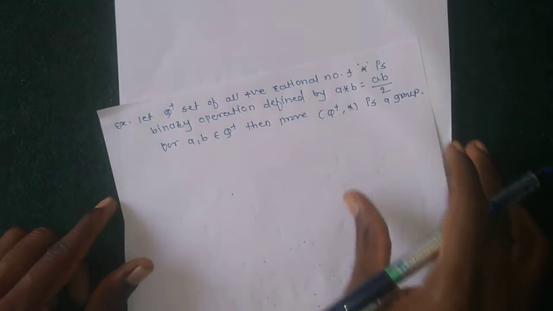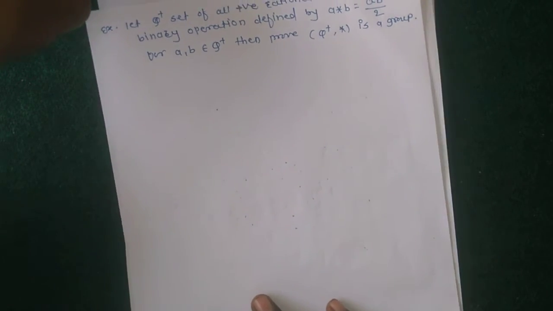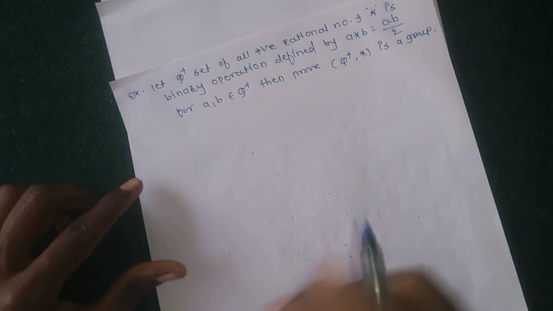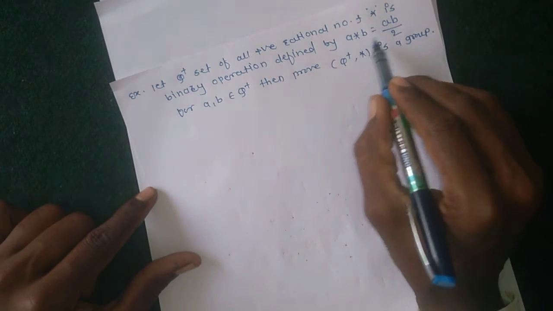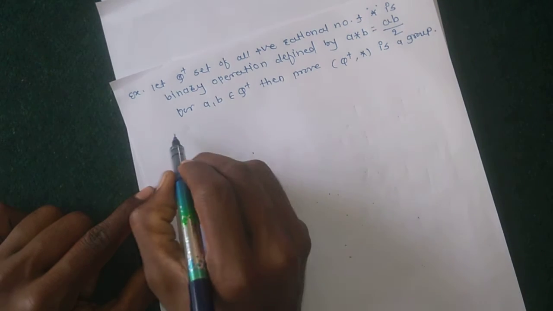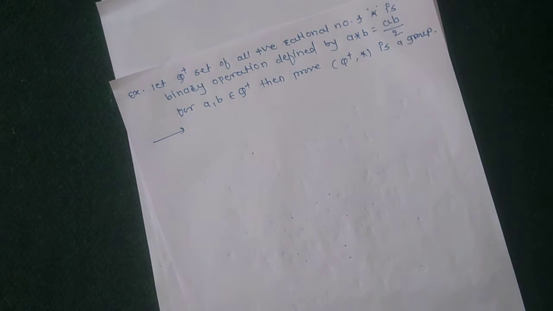Okay, this is an example to prove that Q plus with respect to the binary operation star, defined as a star b equal to ab by 2, is a group. Here the given set is the set of all positive rational numbers and star is the operation defined.